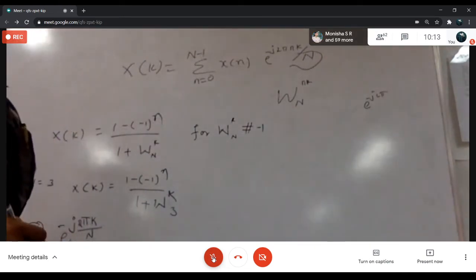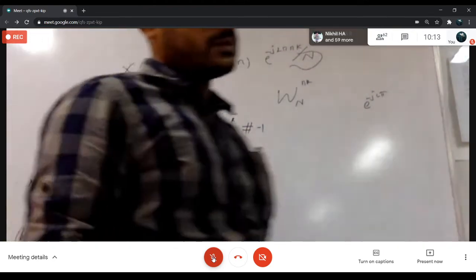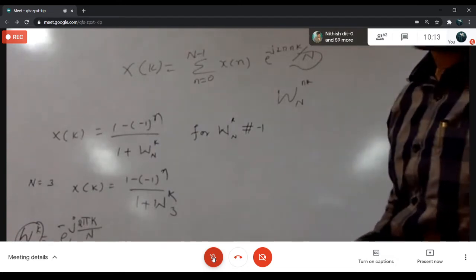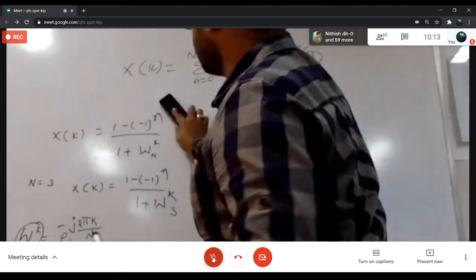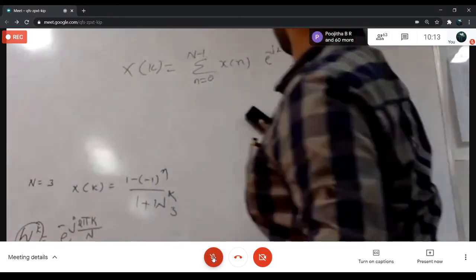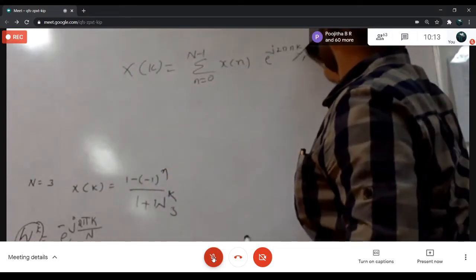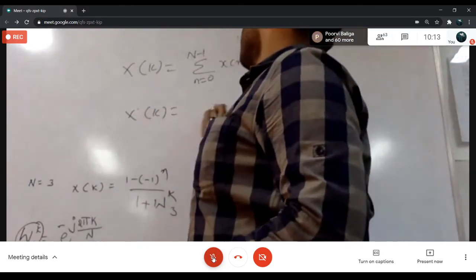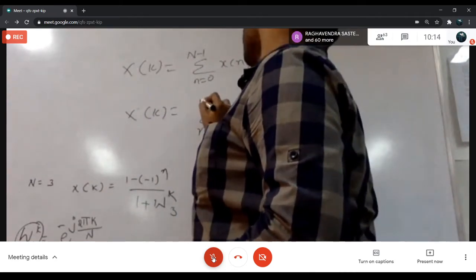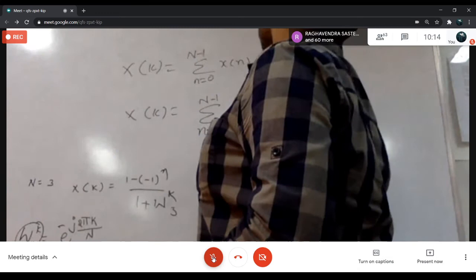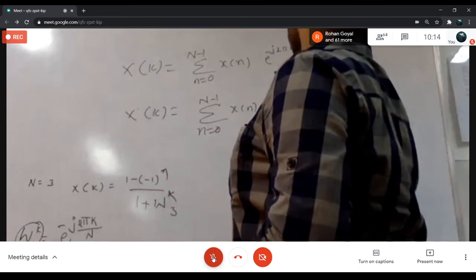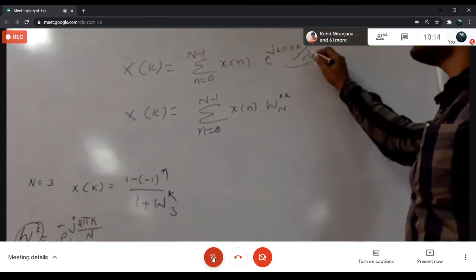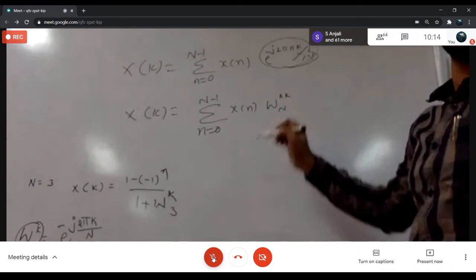So we write this equation in the form of W, right? Here x of k, this is the DFT equation: summation n is equal to 0 to n minus 1 of x of n W_n power of nk. Okay, this equation we write in this form of W_n.